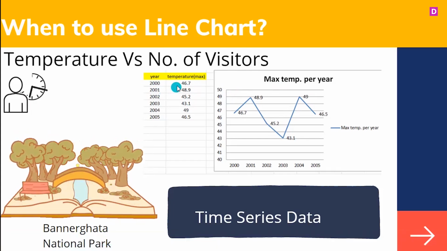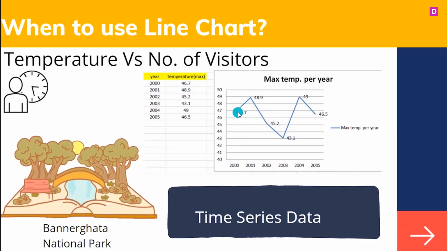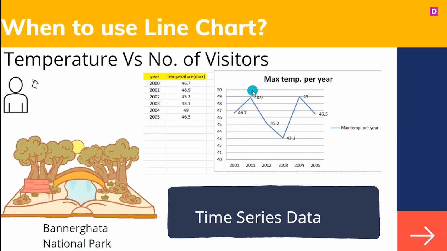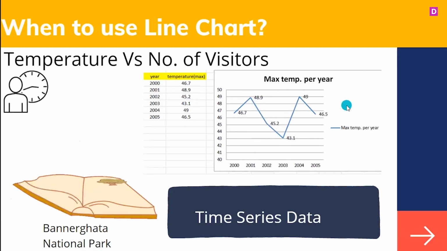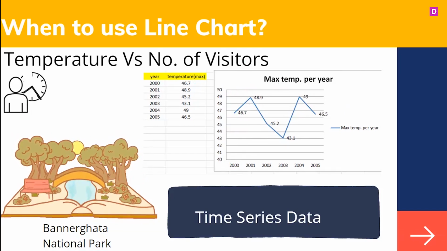This is what I'm talking about, a pair of values. For example, 2000, and the value it is coming is 46.7. This pair of values will occupy a point here. And when you join every point which has been plotted, you are going to get a line. This is what you call a line chart.